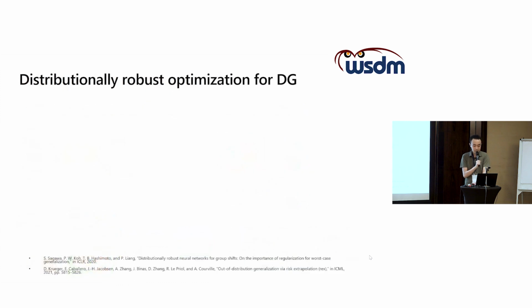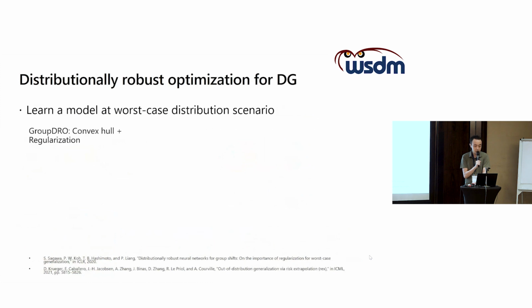Okay, so the fourth part is what we call the distributionally robust optimization part. Distributionally robust optimization for domain generalization means we want to utilize the worst-case data for the training stage.